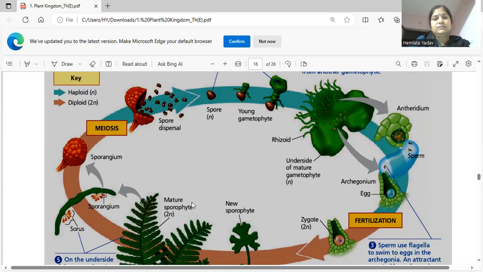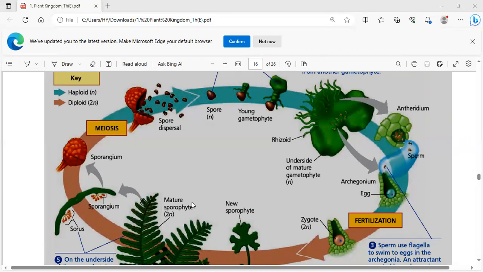So meiosis is shown here in the life cycle diagram. After meiosis in the sporangium, spore dispersal happens. The spore is the haploid plant structure, and the young spore germinates to produce the young gametophyte.